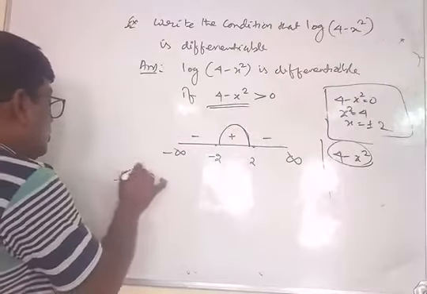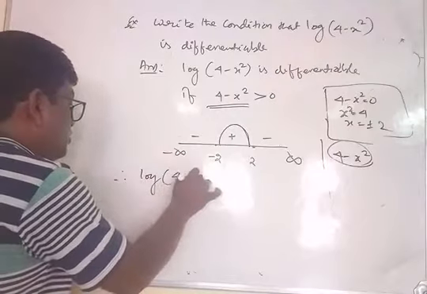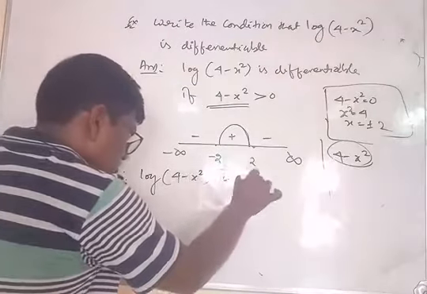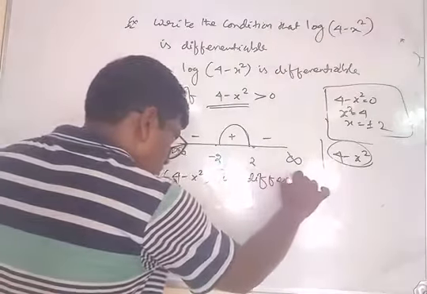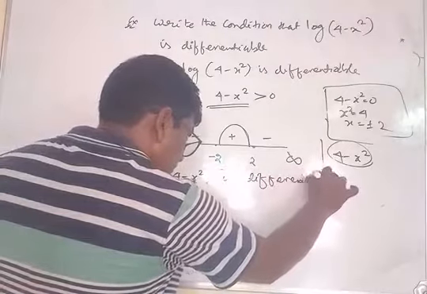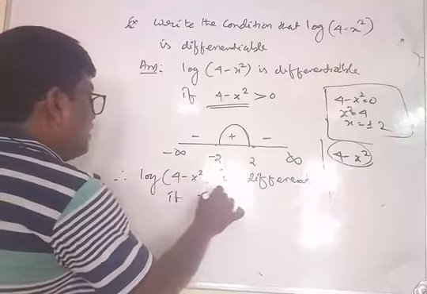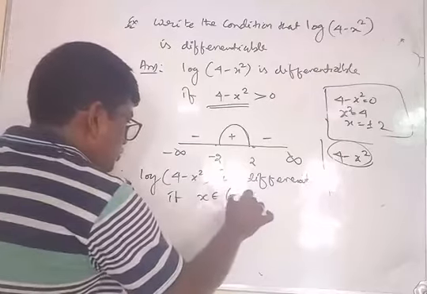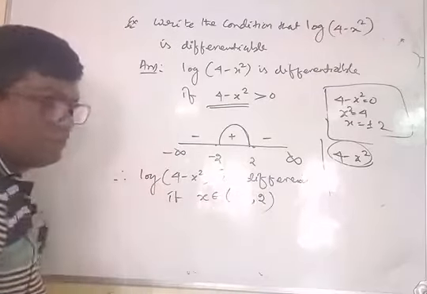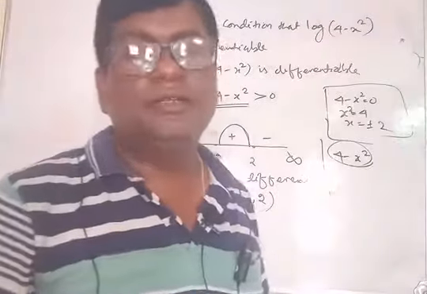So log of 4 minus x square is differentiable if x belongs to minus 2, 2. Clear?